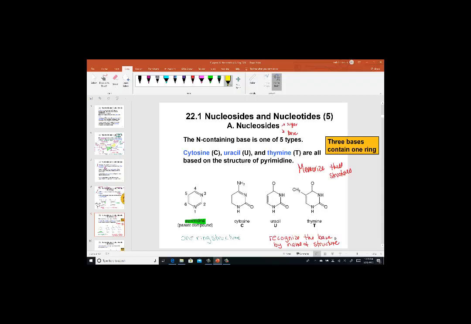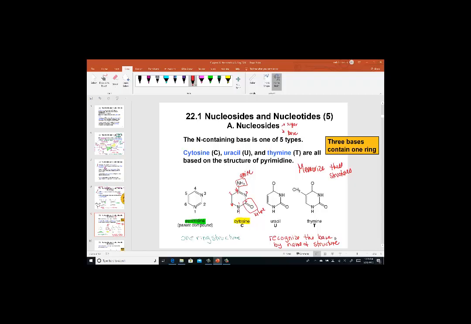So let's examine cytosine first. Capital C is the abbreviation for this nitrogen-derived base. So the parent, pyrimidine, notice up here, this is called carbon number 1, and you're going to number around. At carbon number 4, you have an amine group. And at carbon number 2, you have a ketone group.